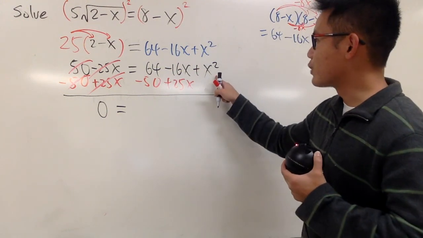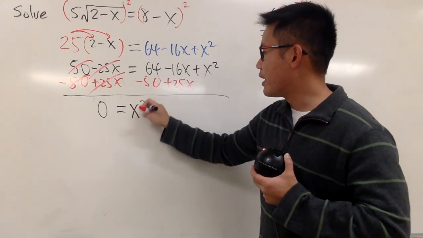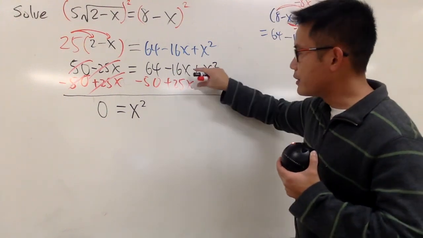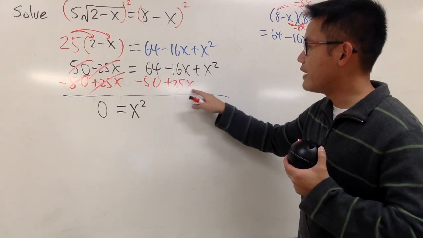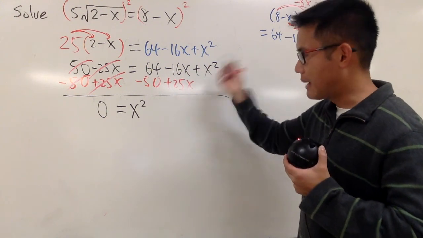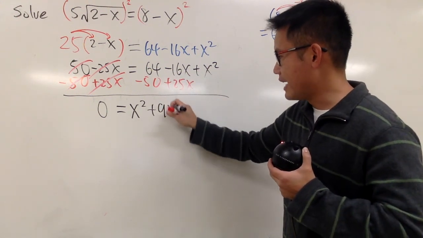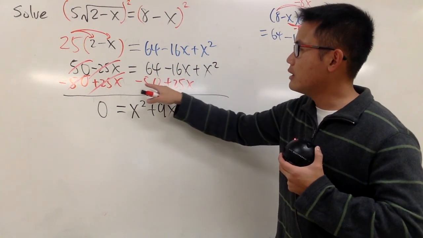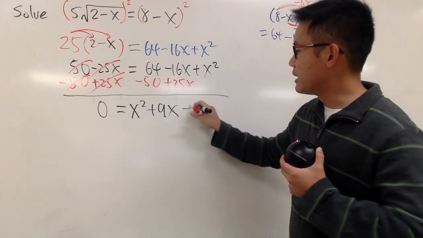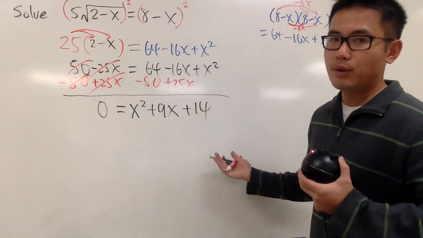Let me just write this down right here for you guys. X squared, and then I'll put down the x term. Negative 16x plus 25x is what? Positive 9, right? Plus 9x. Lastly, positive 64 minus 50 is plus 14. So this is what we have.